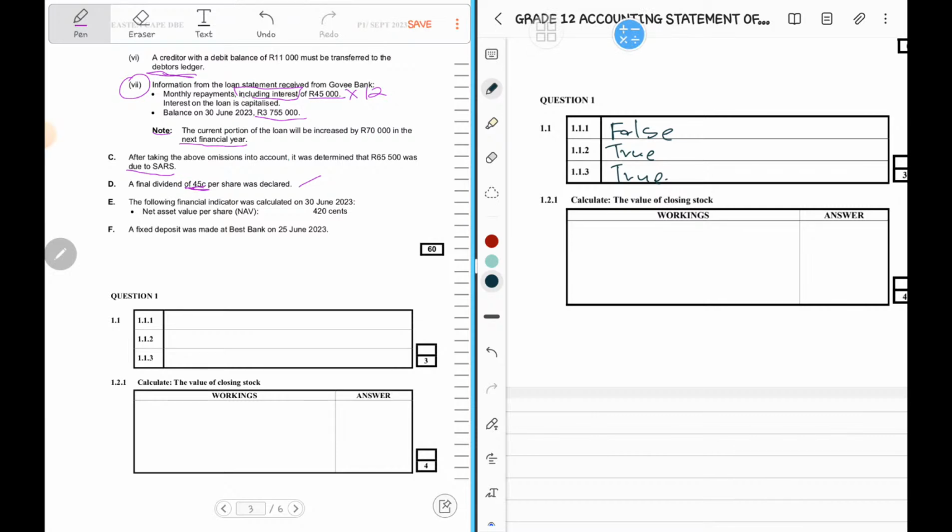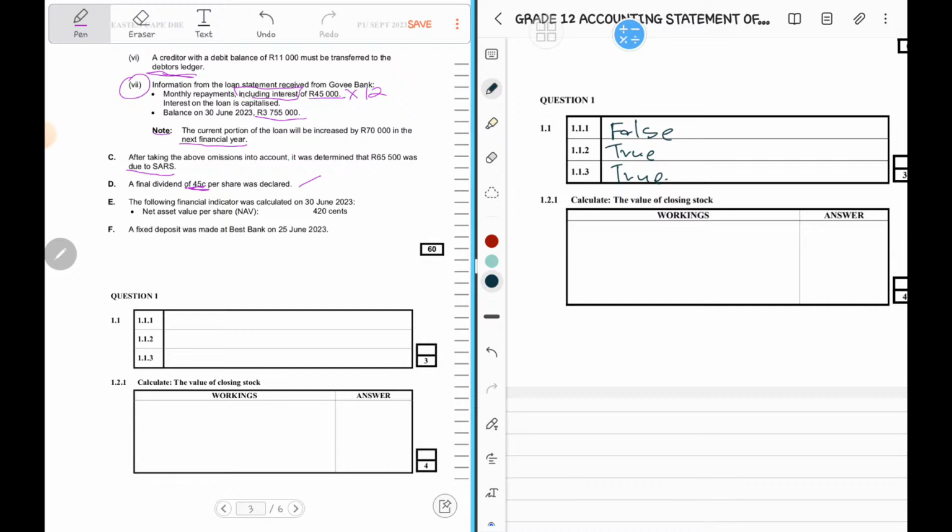Okay, then we are being told that the following financial indicator was calculated on 30 June. We are being told that we have the net asset value per share, which is the NAV. Obviously, we know that the formula for NAV is the shareholders' equity, that is inclusive of the ordinary share capital and the retained income.